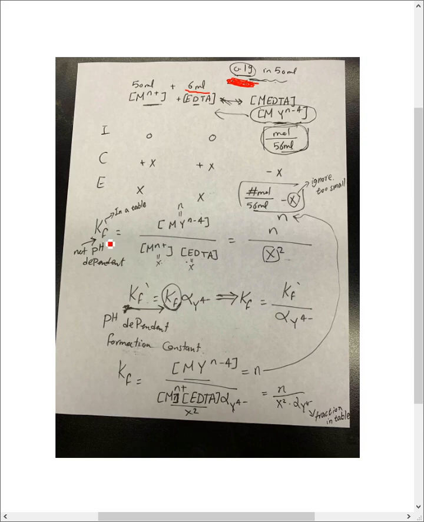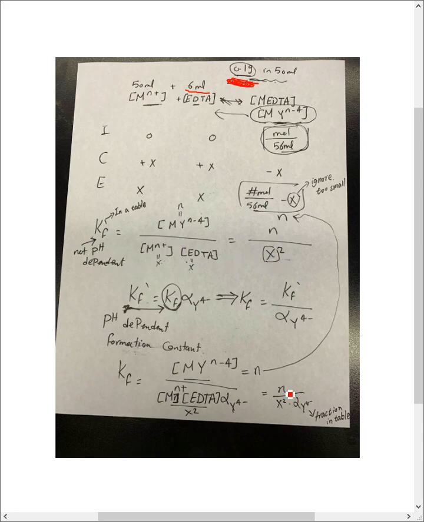So we can find this in a table, and we know how to calculate n here, and we have this equation. We can find the x squared. Later on I will show you how to find this Kf prime in a table, and we will use this equation to find this x squared.